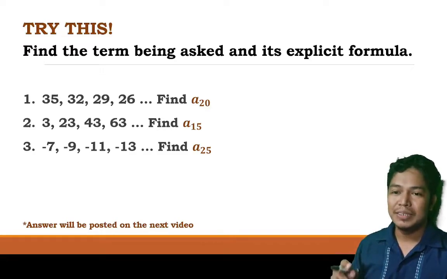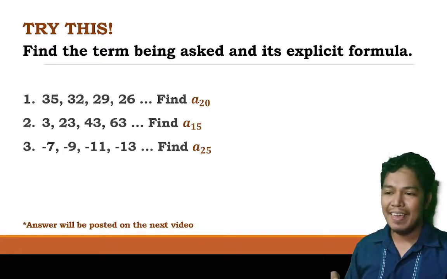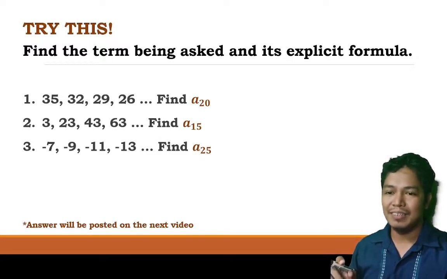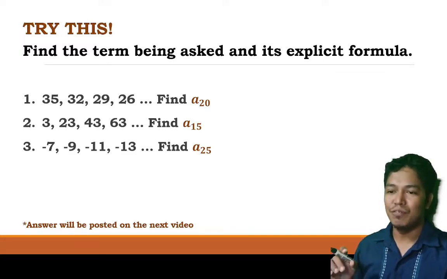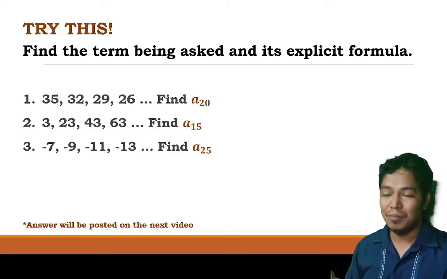Number 2 is 3, 23, 43, 63. You need to find a sub 15 and its explicit formula. And number 3 is negative 7, negative 9, negative 11, and negative 13, and you need to find a sub 25 and its explicit formula.